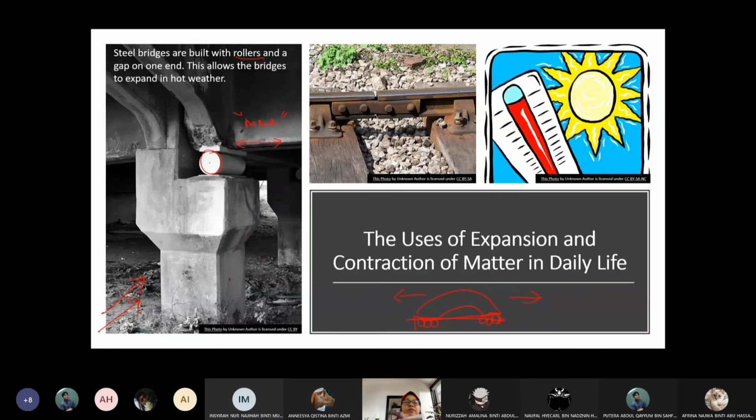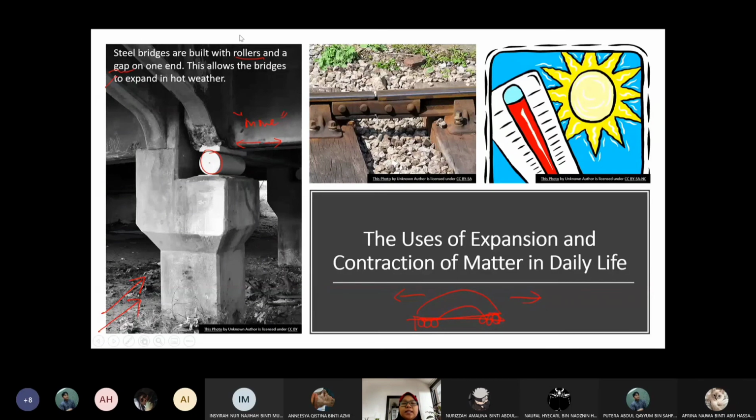Not only does the bridge have rollers, the bridge also has gaps at one end, so that allows the bridge to expand. If there is no gap, no rollers, what will happen to the bridge when it expands? It will be broken, akan rosak, it will be destroyed. We don't want that to happen.